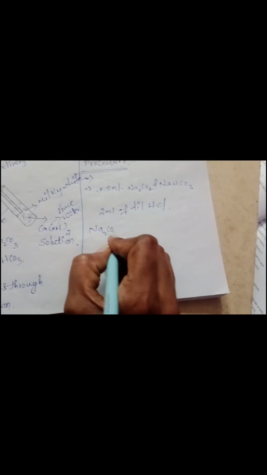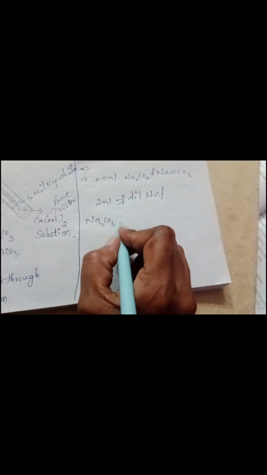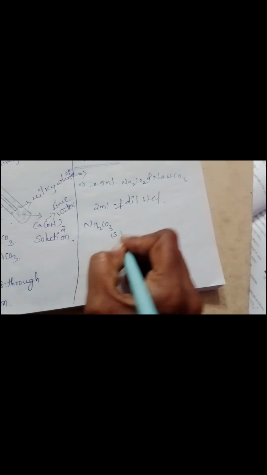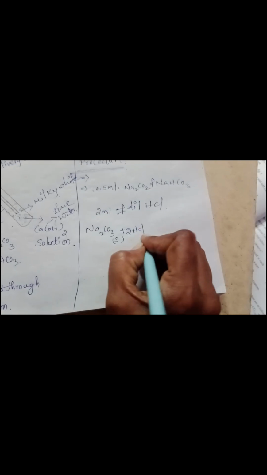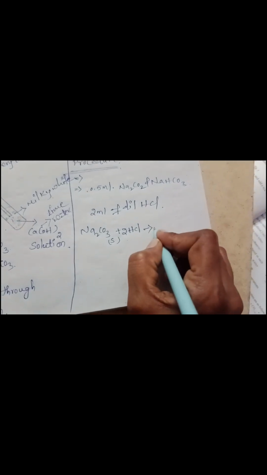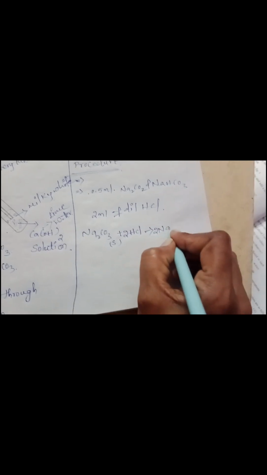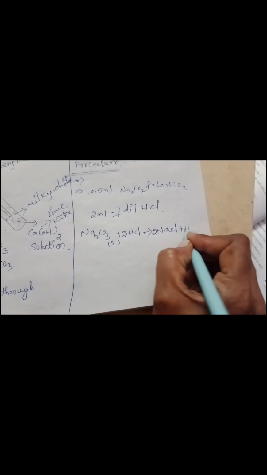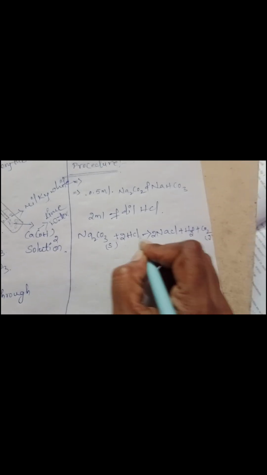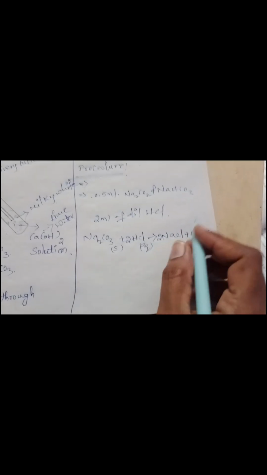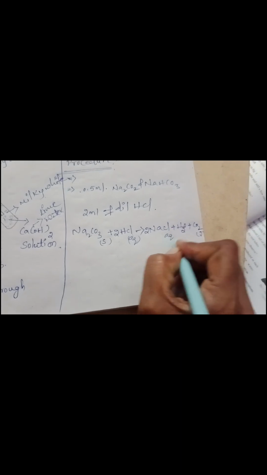Sodium carbonate, which is solid, reacts with 2 ml of hydrochloric acid and releases sodium chloride, water plus carbon dioxide gas. The sodium chloride is an aqueous solution and hydrochloric acid is also an aqueous solution, a liquid.